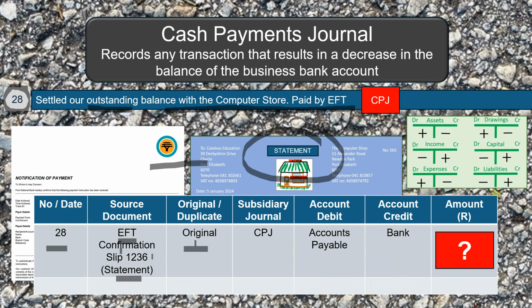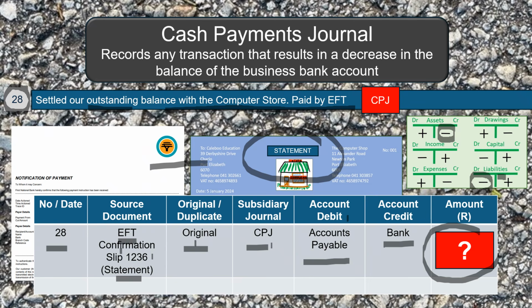By EFT. If our bank balance goes down, it goes into the cash book payments or cash payments journal, same thing. The amount that we owed to our creditors has decreased. We debited because the rule says a decrease in liabilities, the account must be debited, and a decrease in assets, our account must be credited.